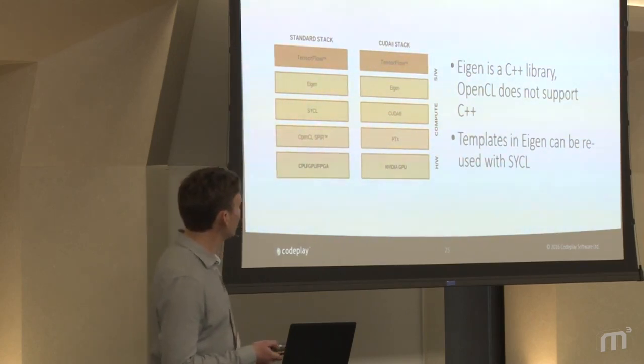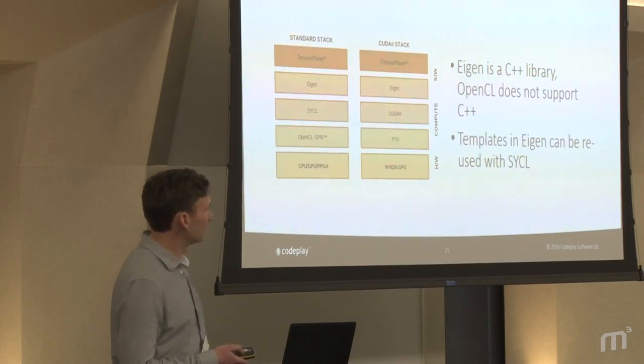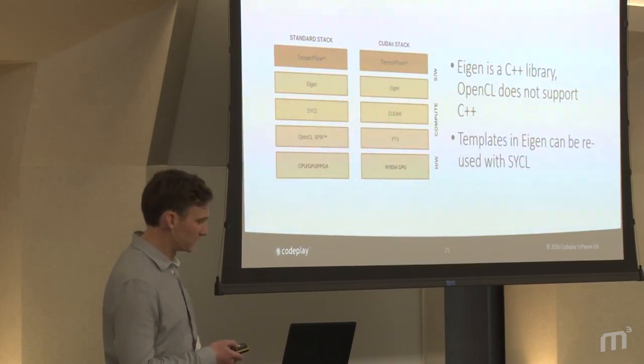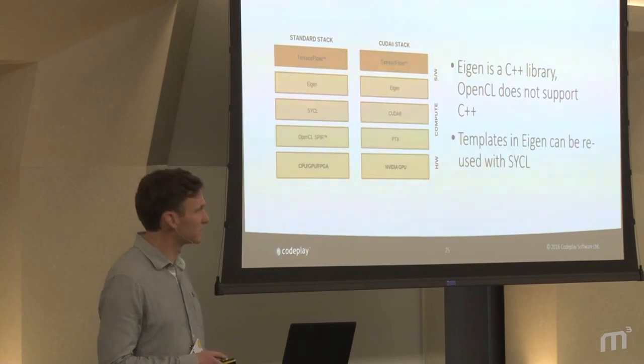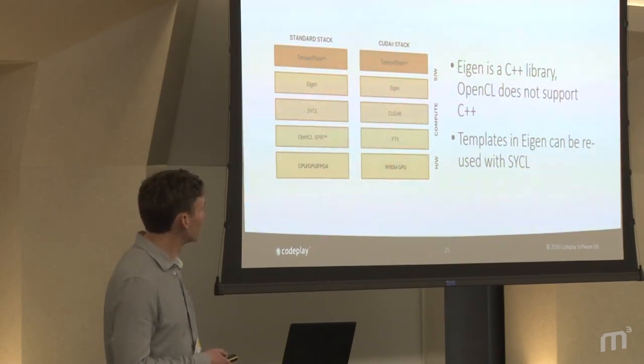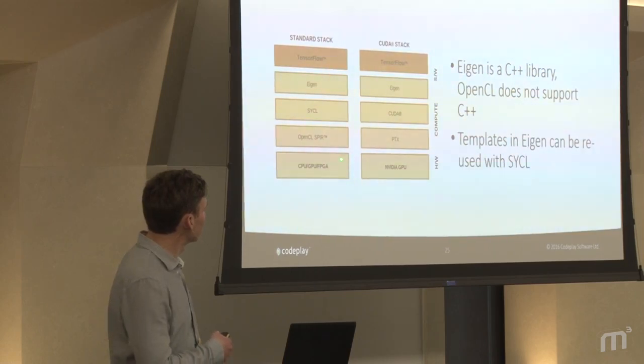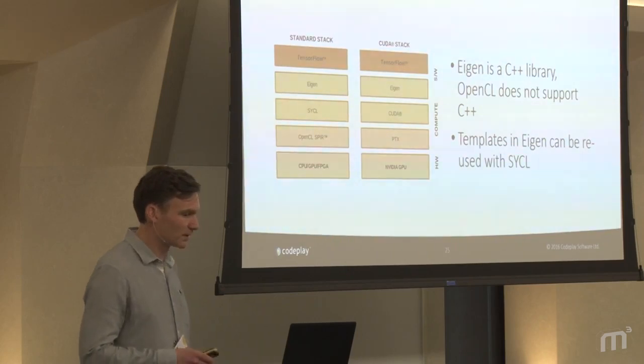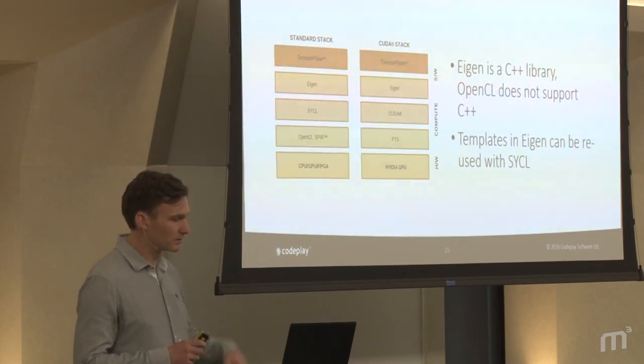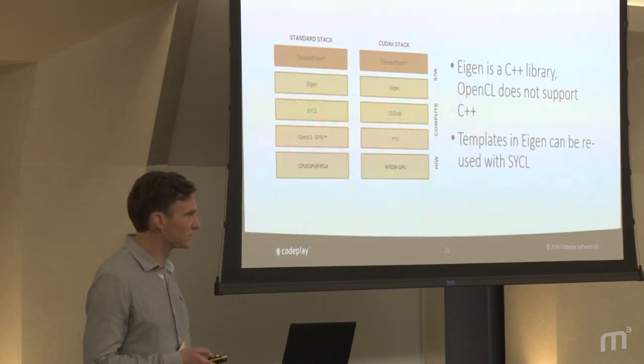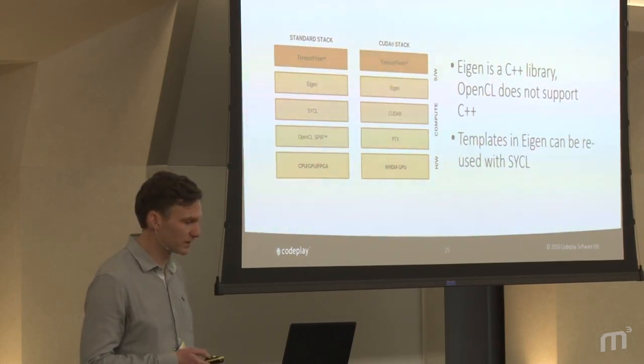But you can see from top to bottom that we have TensorFlow sitting on the top, and then we have the Eigen library that sits underneath and does all the heavy lifting, the linear algebra operations. And then we have these CUDA and SYCL interfaces that enable Eigen to use the parallel hardware, the GPUs and stuff like that.